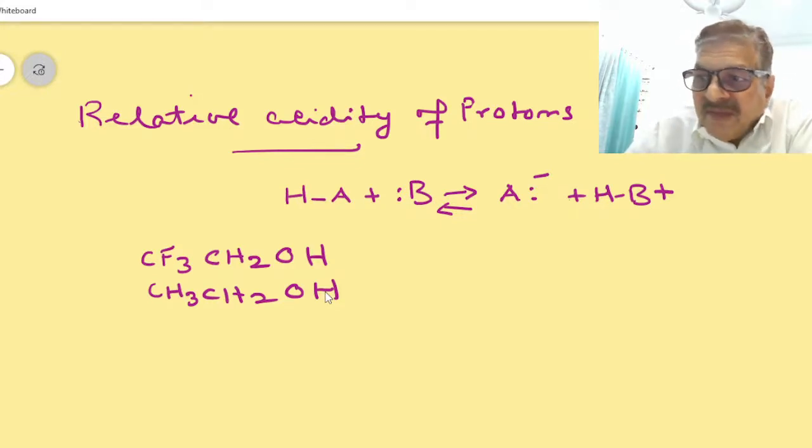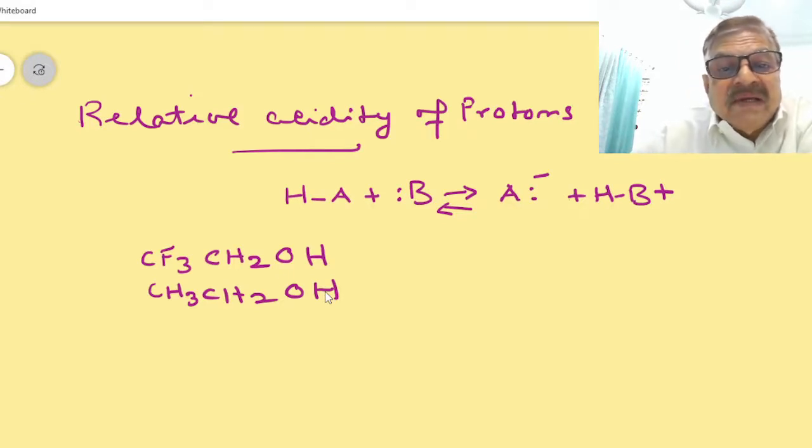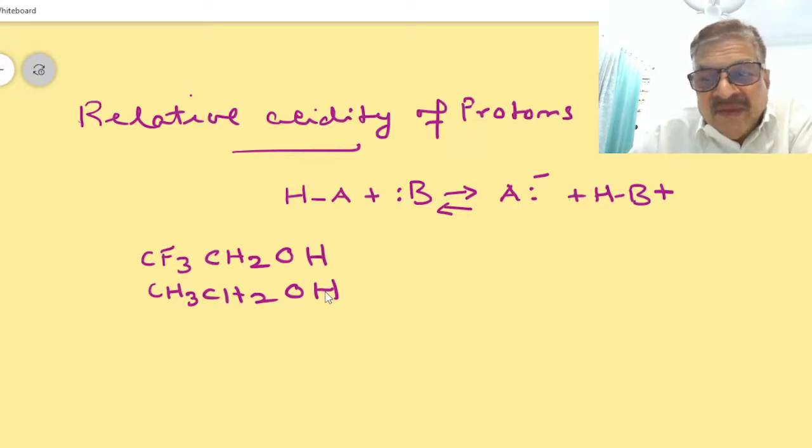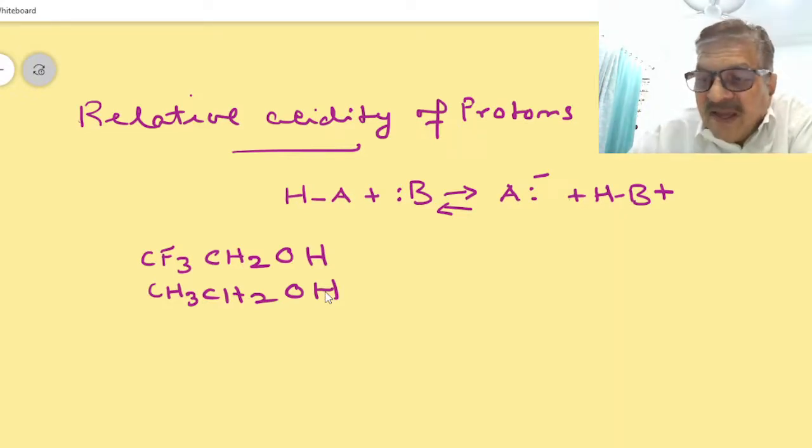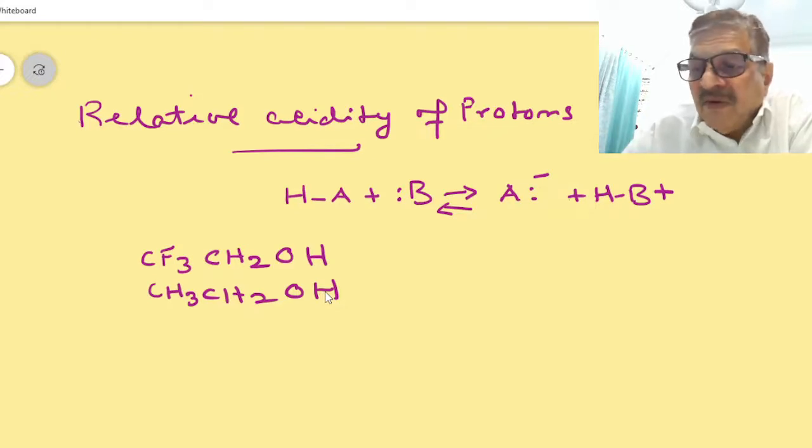Correct. Now, there are other important factors responsible for the acidity of the protons, that is, the acidity of the acid HA. It is affected by other factors like resonance stabilization of the conjugate base and the hybridization of the conjugate base.